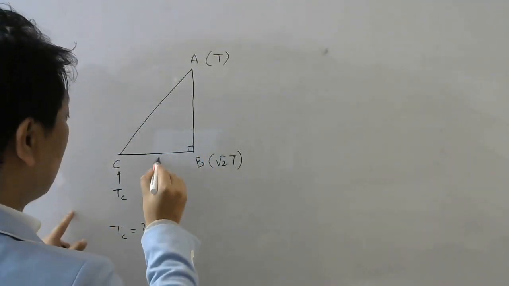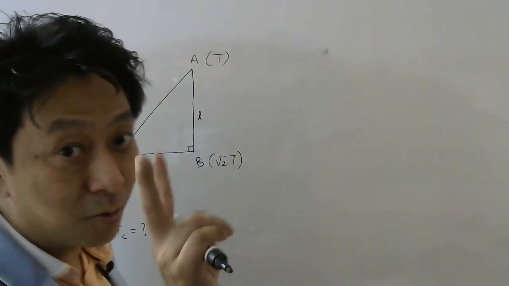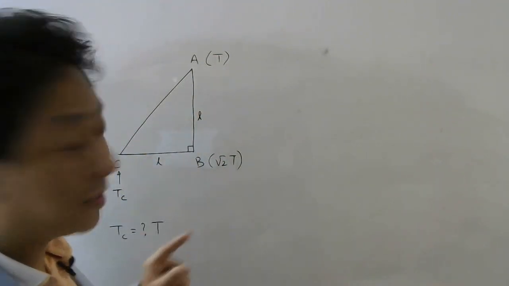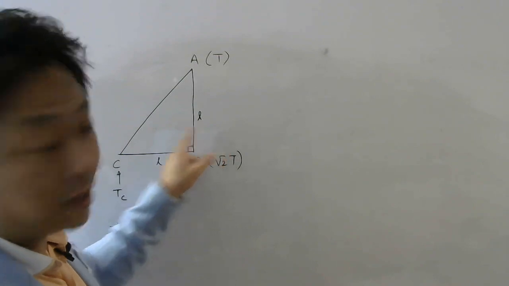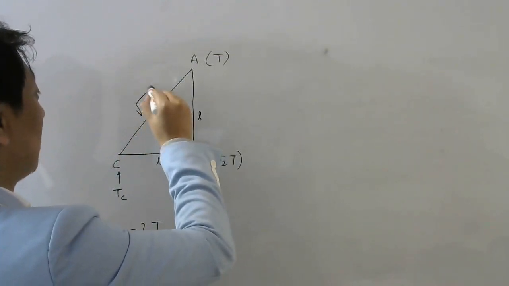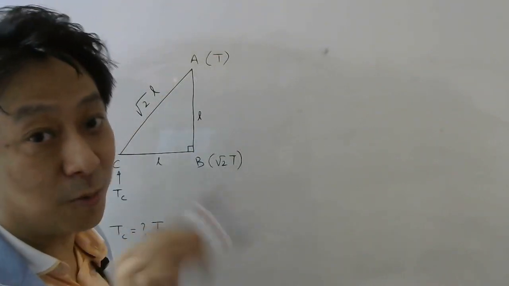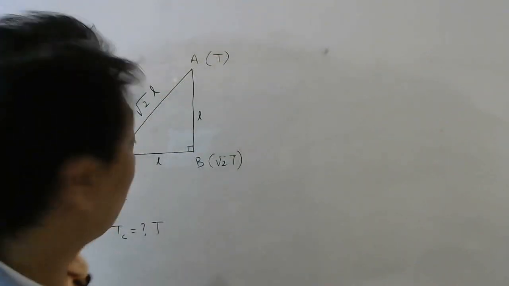So if I say this length is L, this length also will be L because it is isosceles, so two sides should be equal in length. Now if this is L, this is L, this will be what? From Pythagoras theorem, it will be root over L square plus L square. That will be √2 times L.